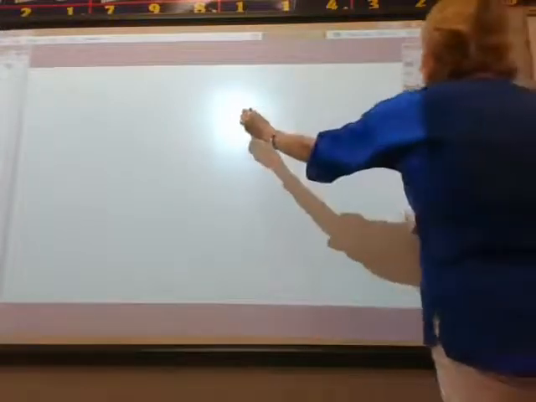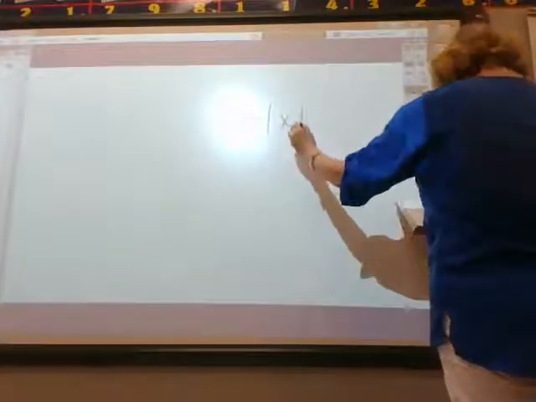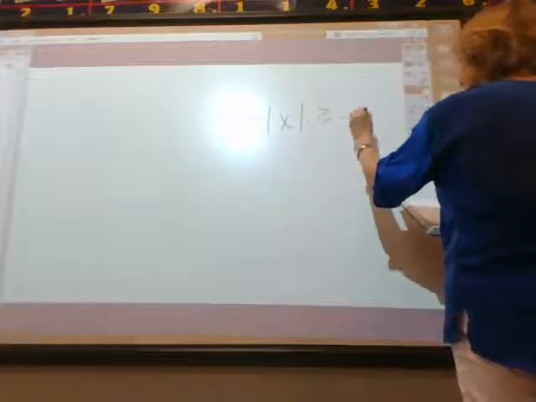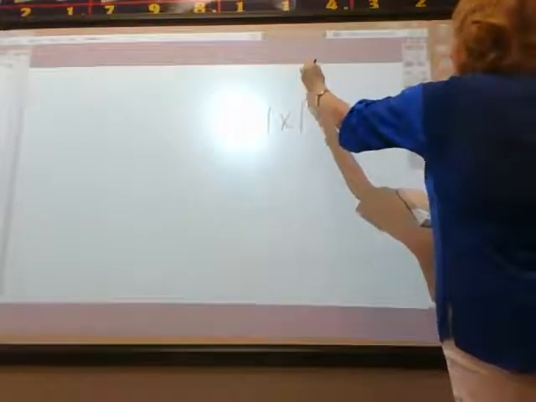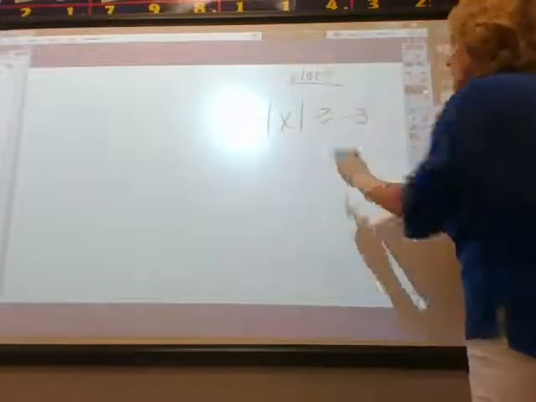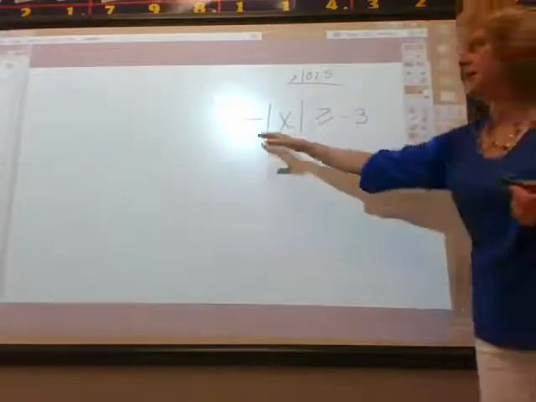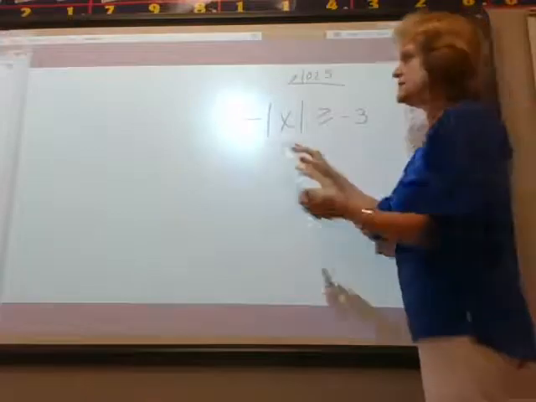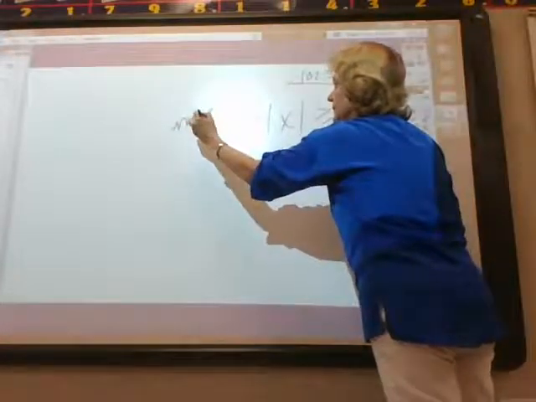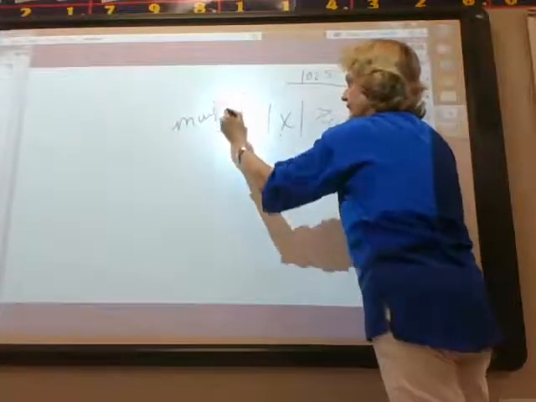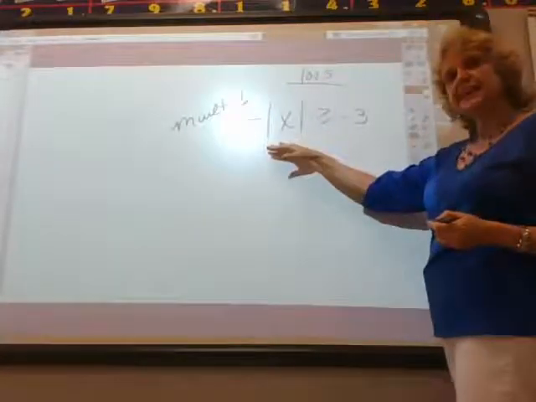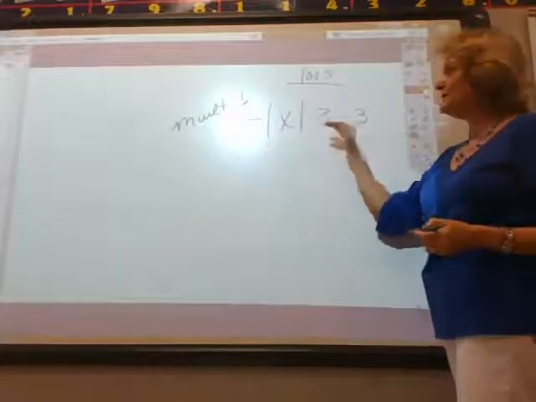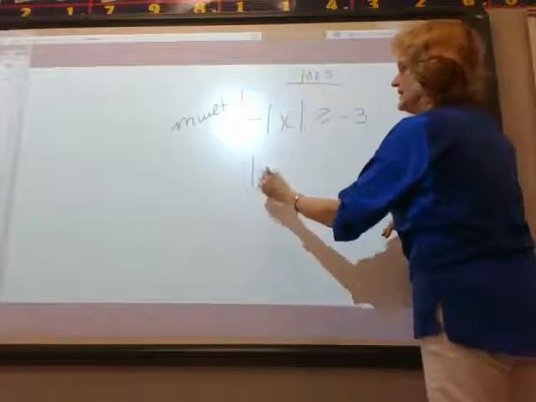Now what about if I have this little rascal? This is example 5, 102.5. Now if I have a negative outside here, remember what I want to do to get rid of that is to multiply through by negative 1. If I multiply an inequality by a negative, what happens?